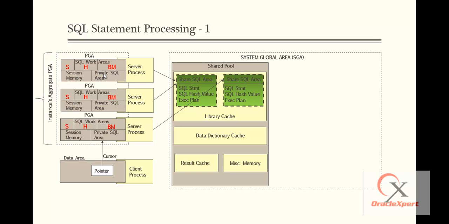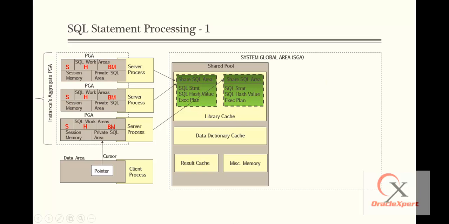They are all part of the PGA memory, and collectively these areas are termed SQL work areas. Apart from SQL work areas, you would have session memory and private SQL areas. And as I said, apart from this, you also have a larger memory allocation called the system global area.